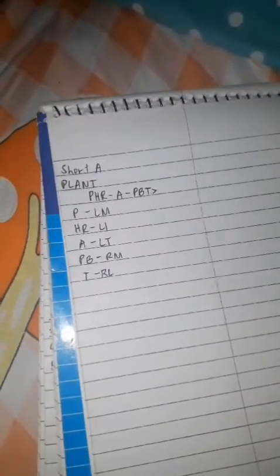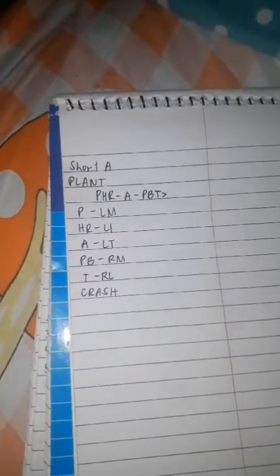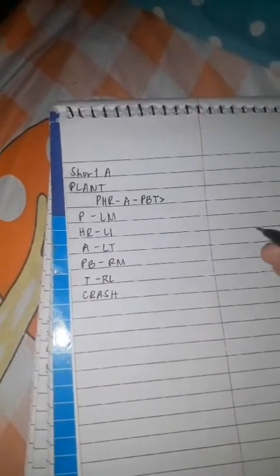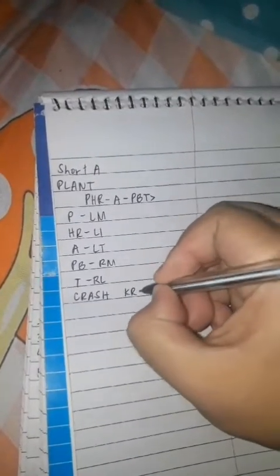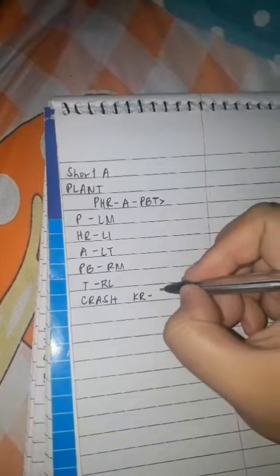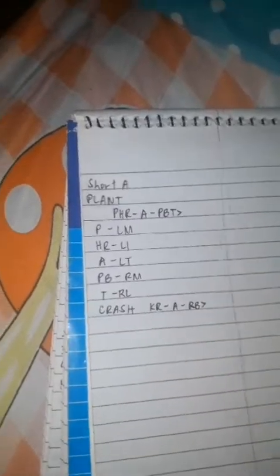Let's give another example, which is crash. When typing it, it will be initials KR, vowel A, ending RB, then release.